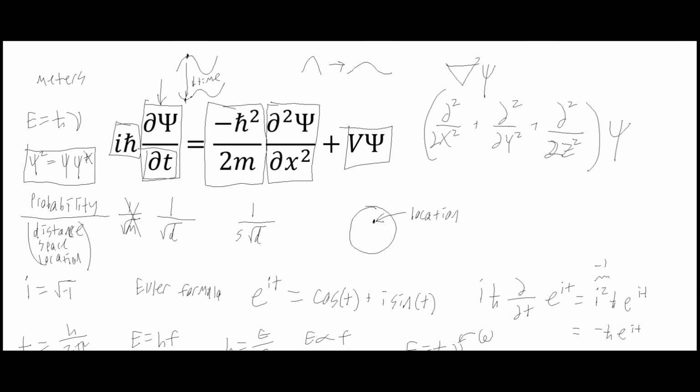So if it still doesn't make a whole lot of sense, just keep exposing yourself to these concepts and ideas, and over time you'll get used to it, and then you'll look at an equation like this and it will just make sense to you.